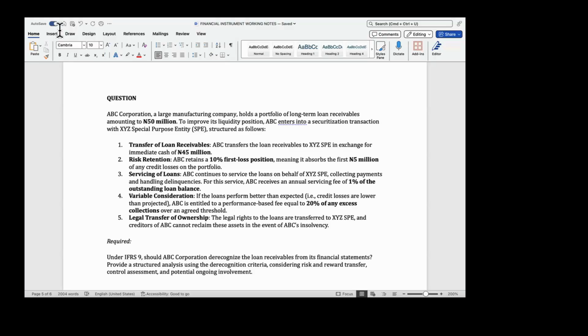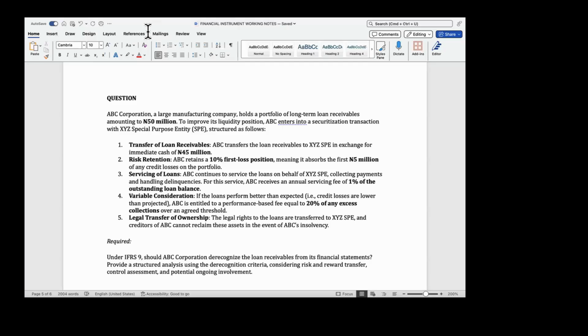For this service, ABC receives an annual servicing fee of 1% of the outstanding loan balance. 4. Variable consideration. If the loans perform better than expected, that is, credit losses are lower than projected, ABC is entitled to a performance-based fee equal to 20% of any excess collection over an agreed threshold.